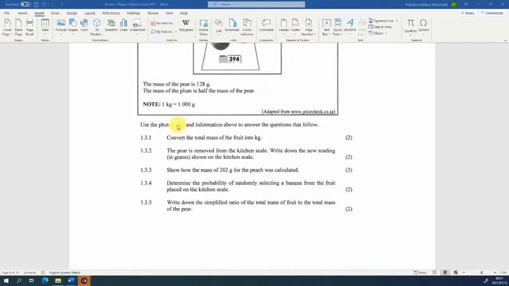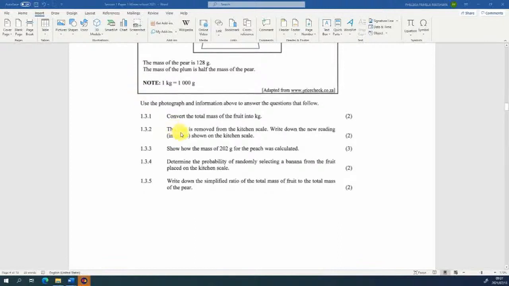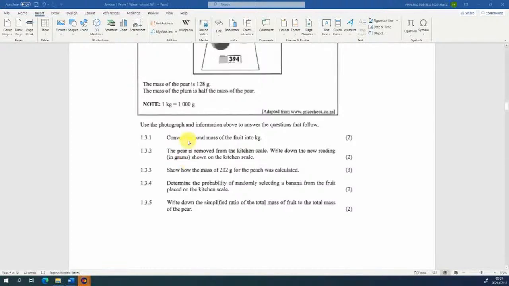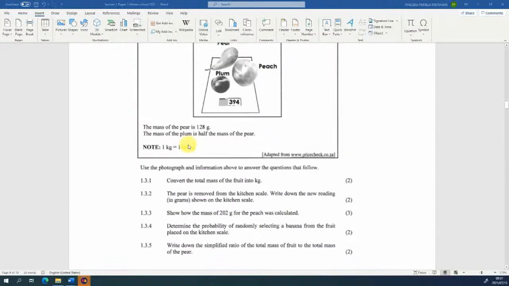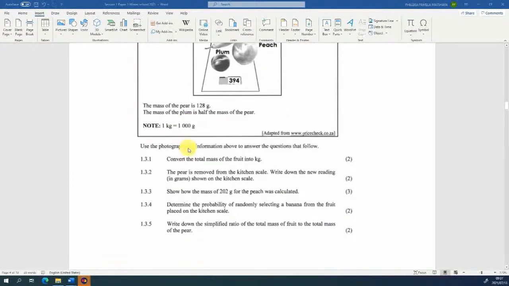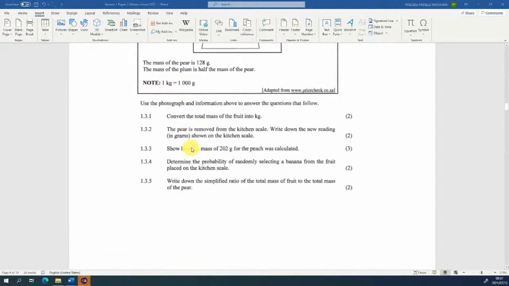Number 1.3.2. The pear is removed from the kitchen scale. Write down the new reading in grams shown on the kitchen scale. Remove. Another word for remove mathematically could be minus.